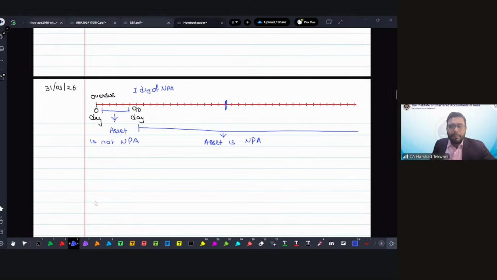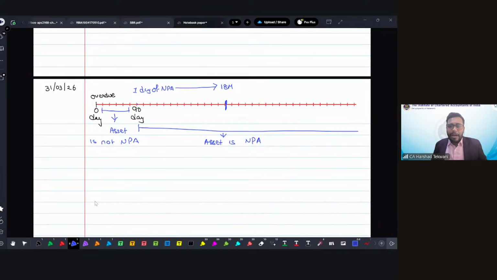Sir, which means the first day and the 90th day, are they inclusive or exclusive, sir? The 90th day you can exclude, because the term is more than 90 days. Okay. So the first day of NPA is the 91st day over here. From here till 18 months, which is 90 days plus 18 months.